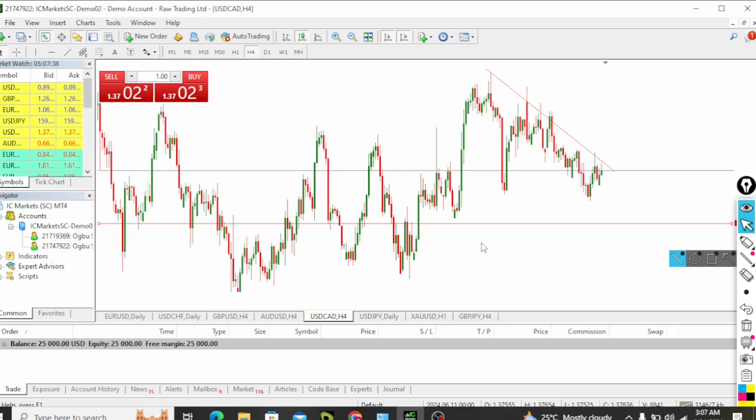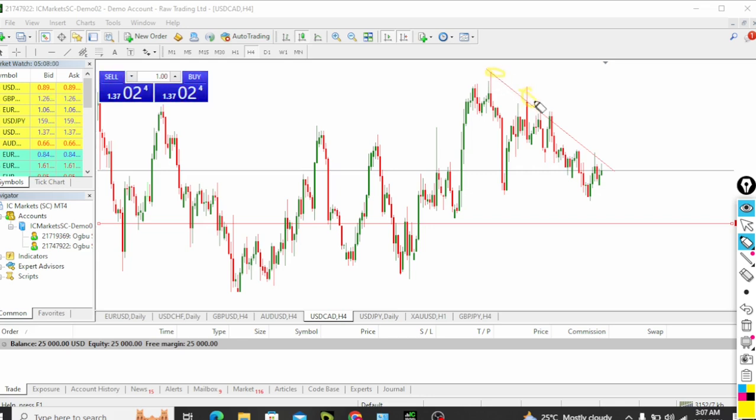Moving on to the USDCAD. This is the 4-hour time frame of the USDCAD, and it's looking also interesting. As you can see from this point, this pair has been observing a series of resistances.